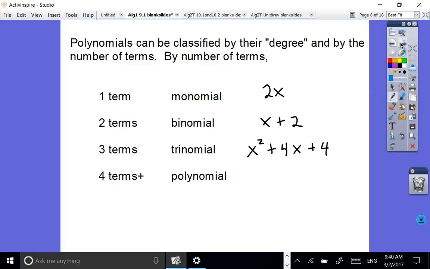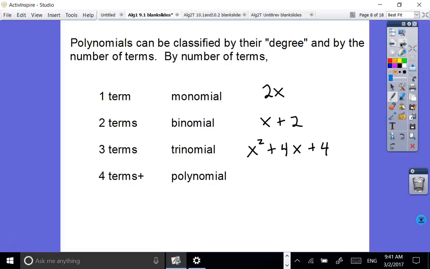So polynomials can be classified by their degree and by their number of terms. By number of terms, these are vocabulary words. Monomial: the prefix mono means 1, so one term is a monomial, something like 2x. 2 terms is a binomial. Know any words that start with bi? Bicycle.